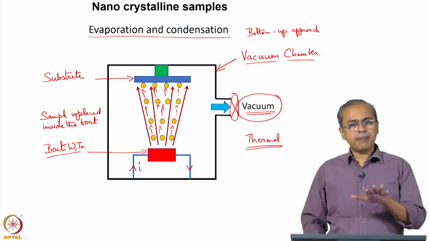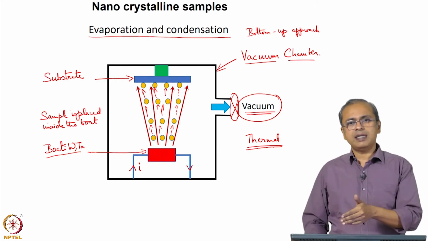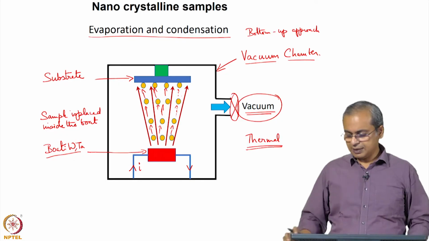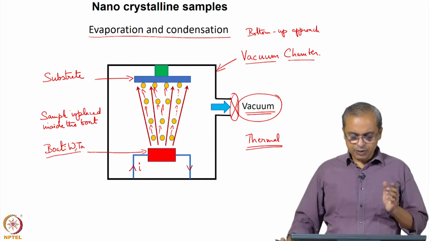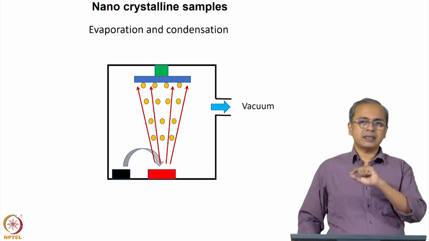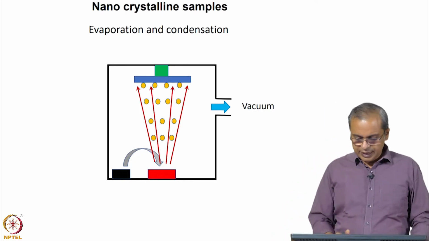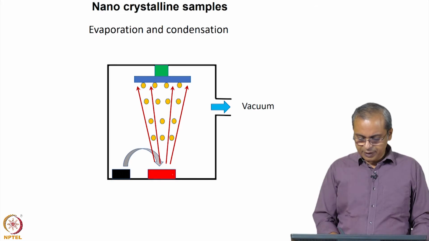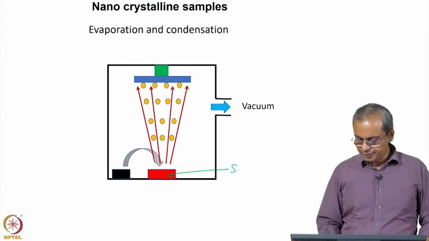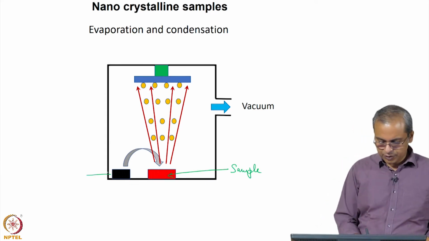We will continue with evaporation and condensation, but there are a couple of other variations on it which I will talk about. They all also get you these small crystal size samples. The next variation is an electron beam based evaporation process. So, this is the sample, and this is a source of electrons.